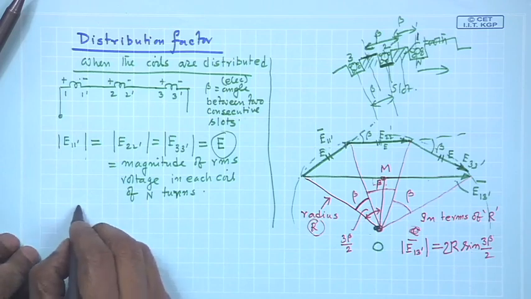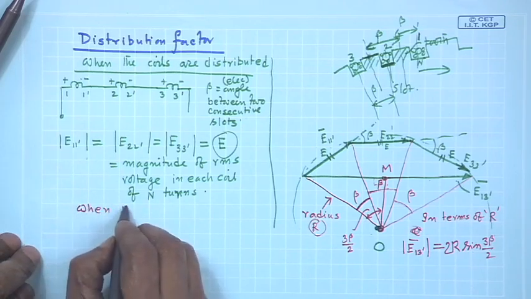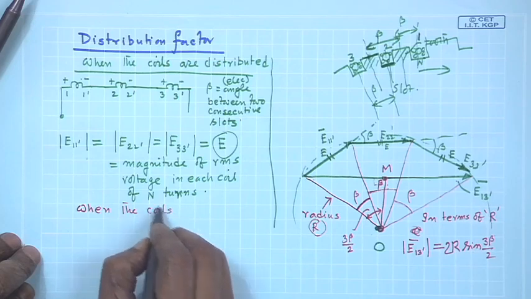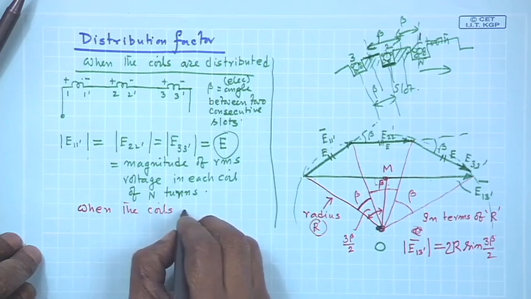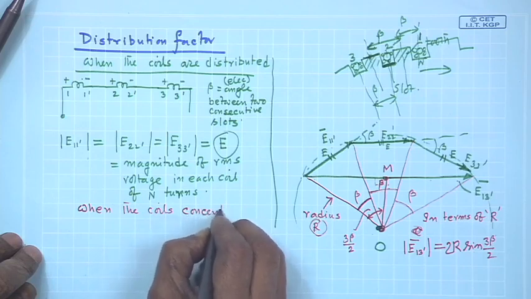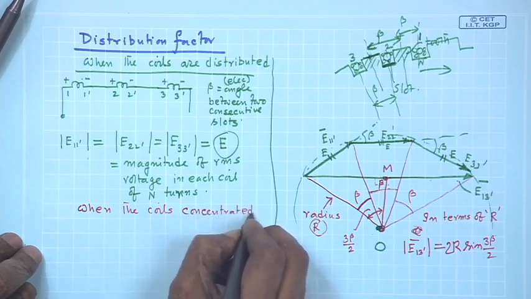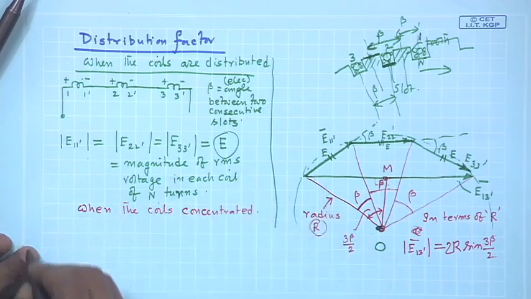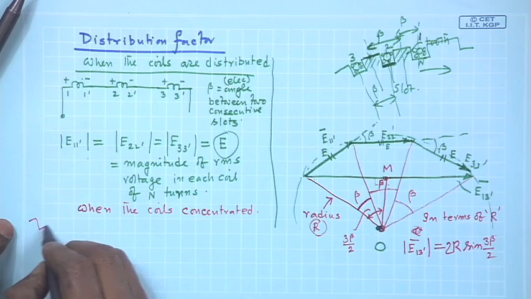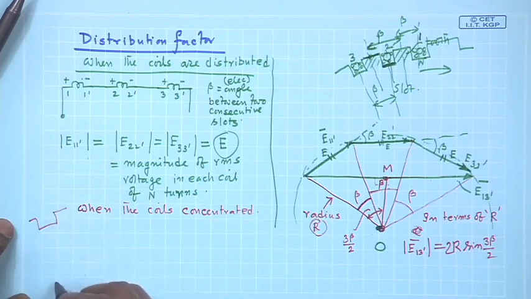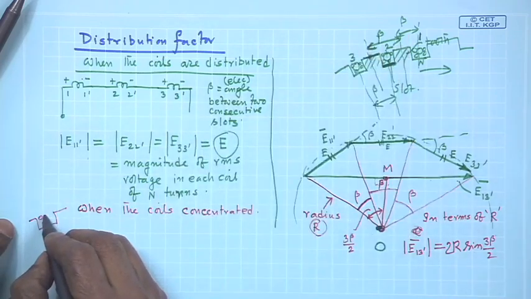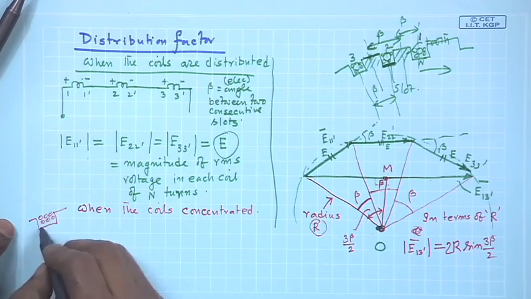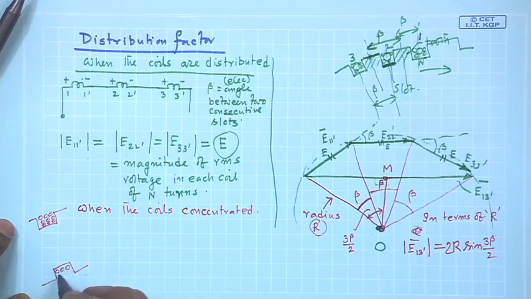and when the coils are concentrated, that means all the turns are in a single pair of slots here: 1 dashed, all the turns; 2 all the turns here, 3 all turns here; 1 dashed, 2 dashed, 3 dashed, all concentrated.